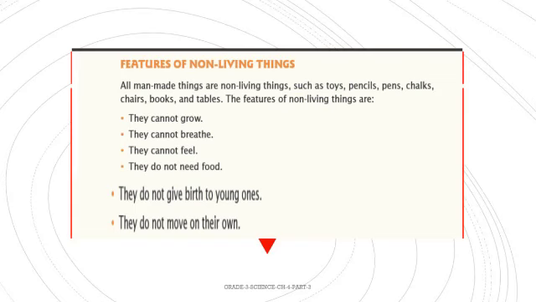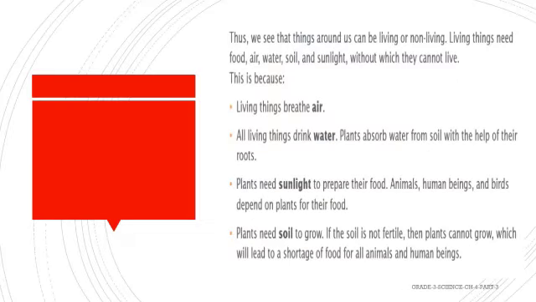Now, the next thing that we are going to see is what are the things which are used by living organisms or living things. Thus we see that things around us can be living or non-living. There are a lot of things around us. Some of them are living and some of them are non-living.